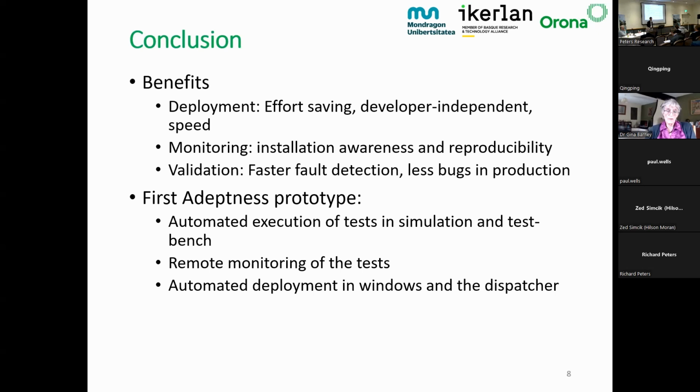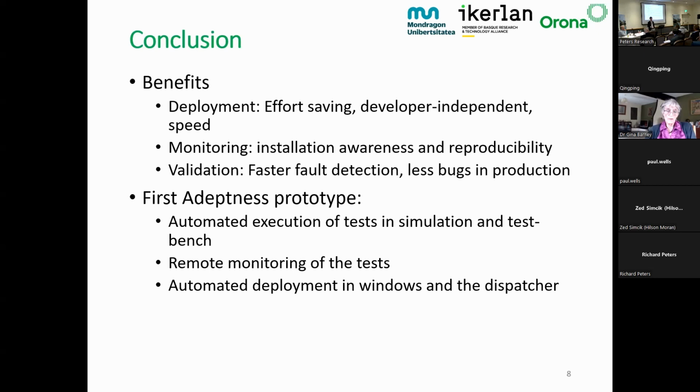With this, we have the first Adeptness prototype, where we have been able to automate the execution of tests both in simulation with Elevate as well as in a hardware in the loop test bench. We could also remotely monitor the different variables of these tests.